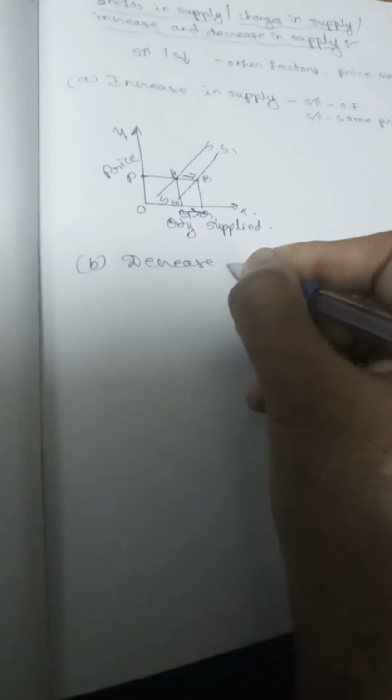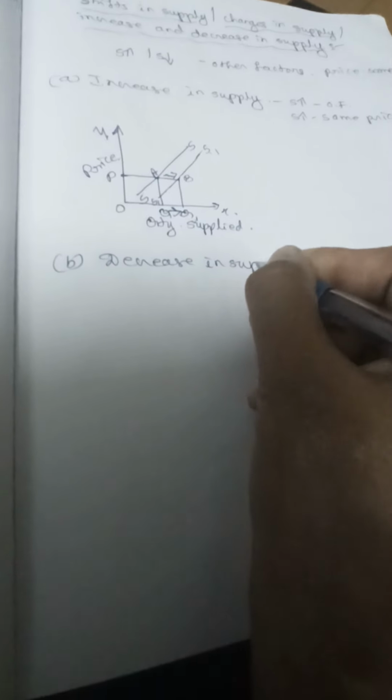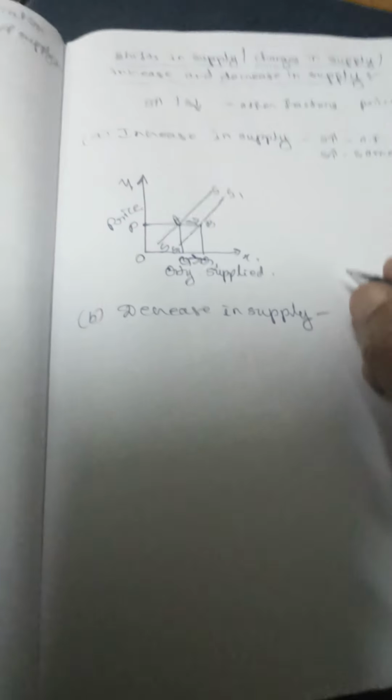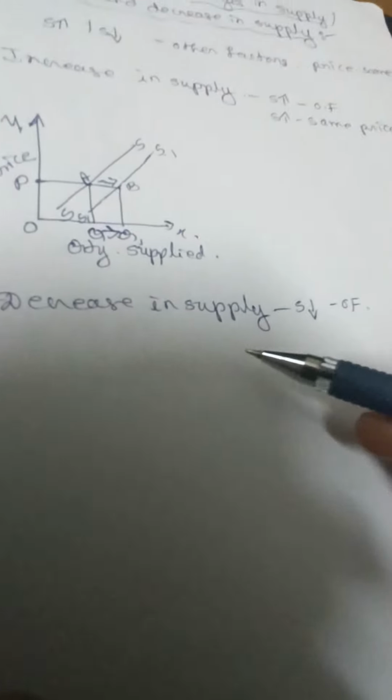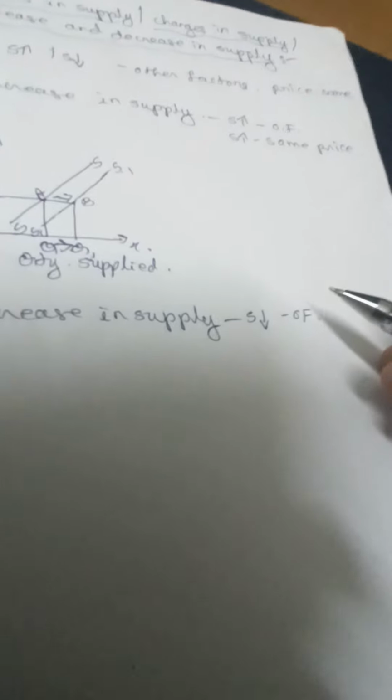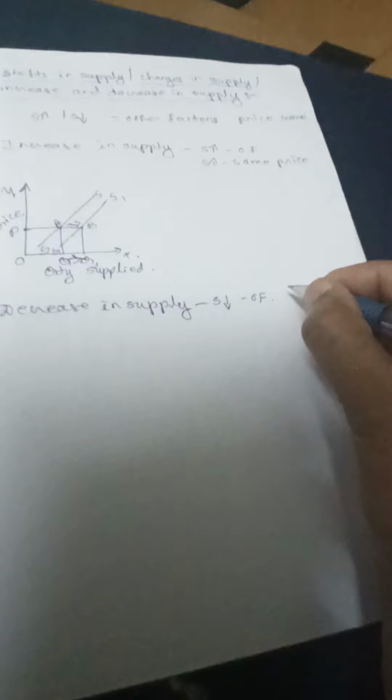Then the second one is decrease in supply. What is decrease in supply? The supply falls due to change in other factors, and that is called decrease in supply. Or at the same price, less is supplied.